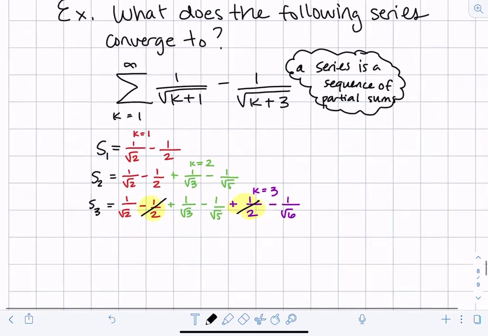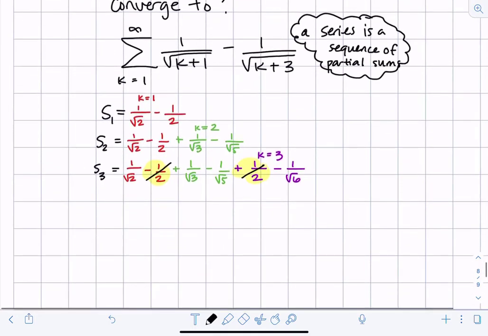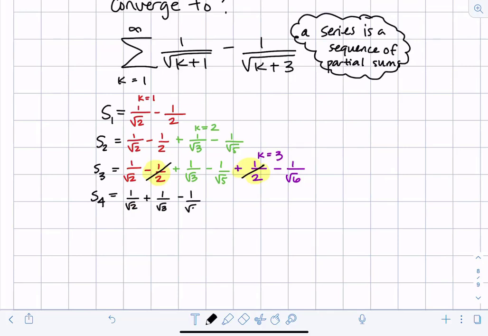Nice. Okay, so let's see if that pattern is going to progress and whether we can write a formula. I think we probably need to write 1 or 2 more sequence terms out. So for S sub 4, our fourth partial sum, we have 1 over root 2 plus 1 over root 3 minus 1 over root 5 minus 1 over root 6.